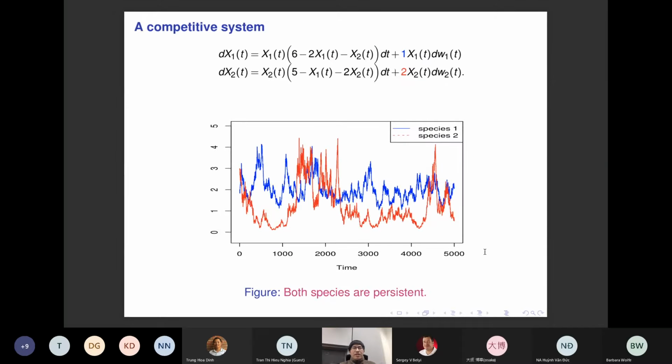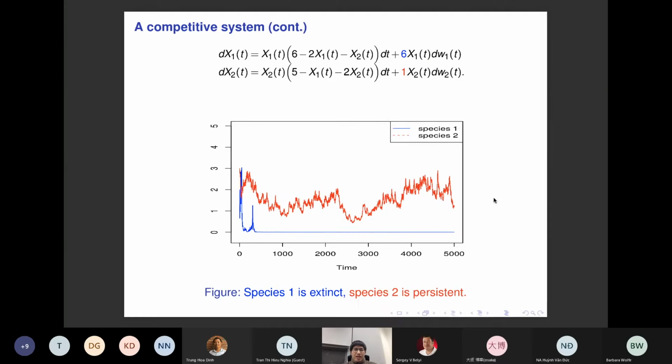For a system of two species, we consider a competitive case. If the noise intensities are small, then both species are persistent. If the noise intensity of the second one is small and of the first one is large, then the first one is extinct and the second one is persistent.